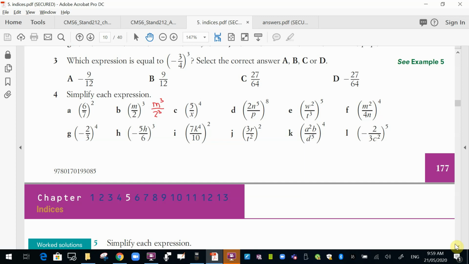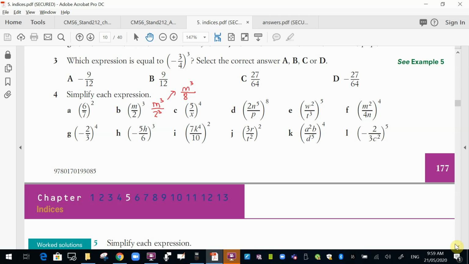The power applies equally to the numerator and the denominator. I'll just put the answer up here. So all we need to do is find out what 2 cubed is, because we've got the numerator, and 2 cubed is 8. So that's your answer there.